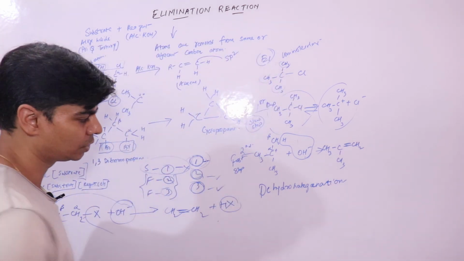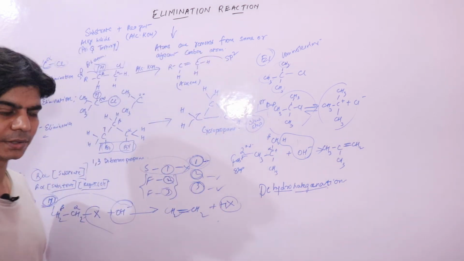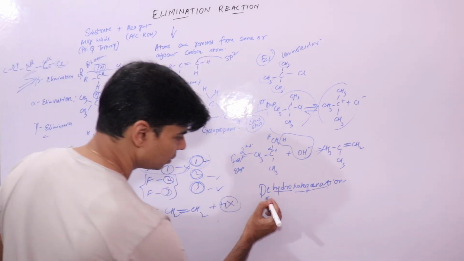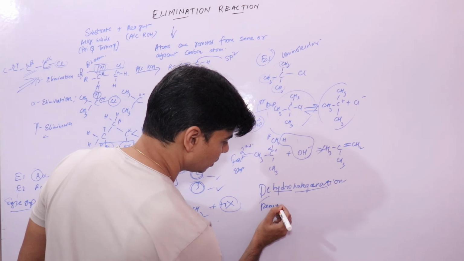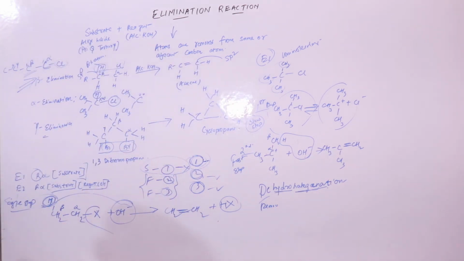D means removed, hydro stands for hydrogen, halogen stands for your halogen atom. What is happening in these dehydrohalogenation reactions is that your hydrogen atom and your halogen atom are removed from adjacent carbon atoms.